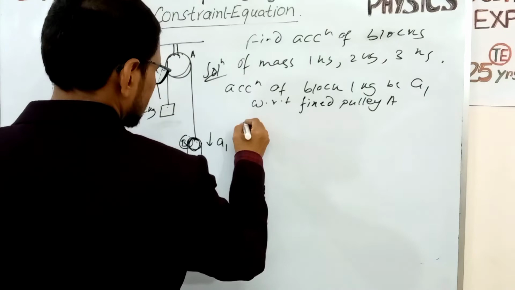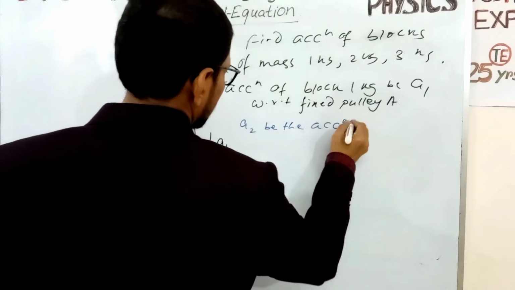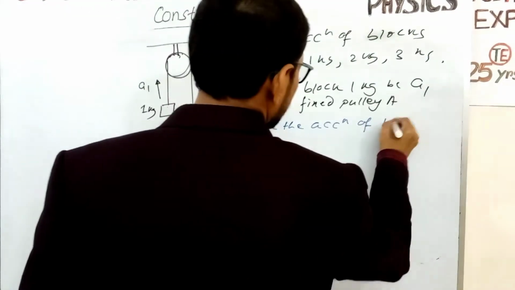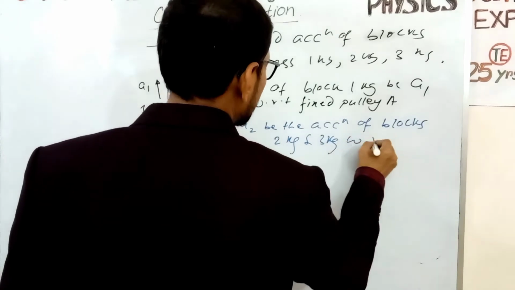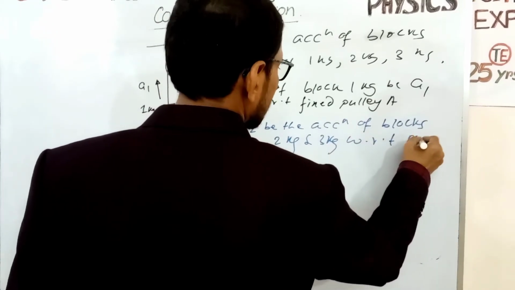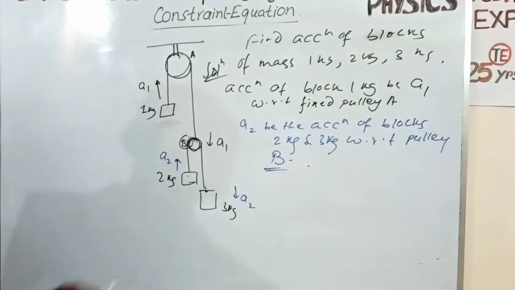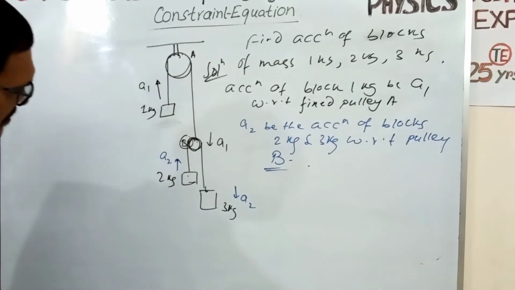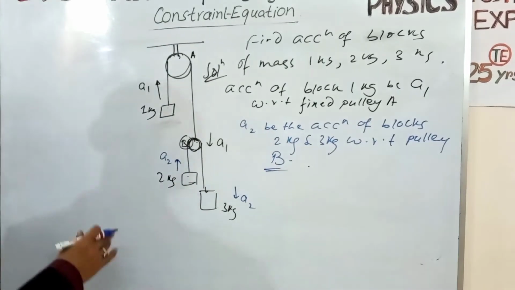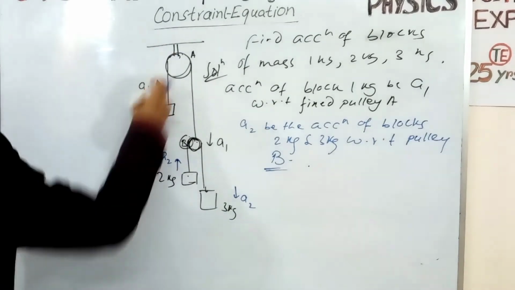So let a2 be the acceleration of blocks 2 kg and 3 kg with respect to pulley b. Pulley b is movable, so with respect to pulley b we take the acceleration as a2. Now we have to take the actual acceleration, that is with respect to fixed pulley. So what is the acceleration of this block with respect to fixed pulley?